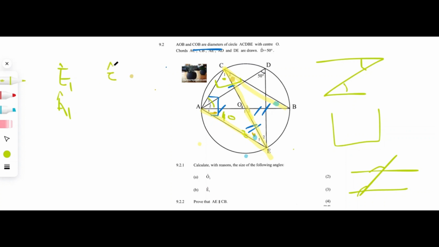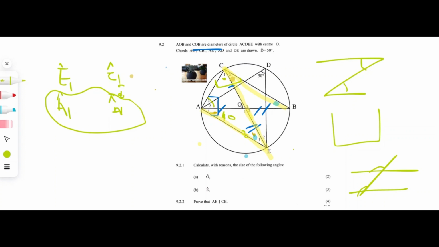What angle is directly equal to C2? A1 as well. Wow, and that was very easy. So they both have an angle in common, which is A1. They're both equal to A1. And so what does that mean? That means E1 will equal C2 because they're both equal to A1.